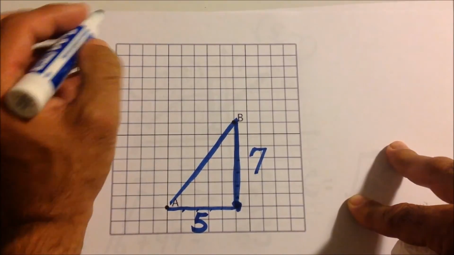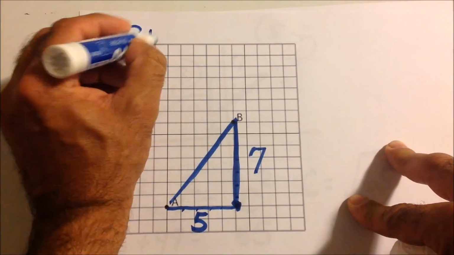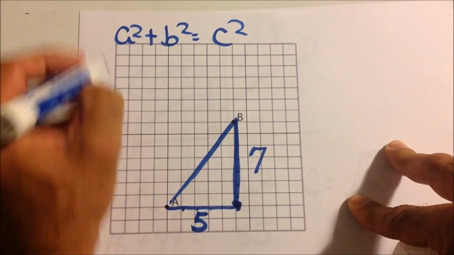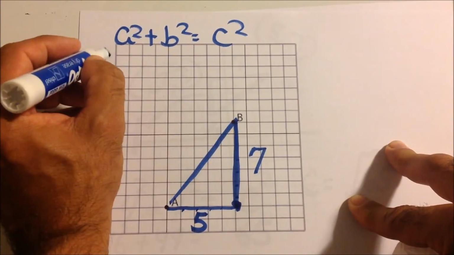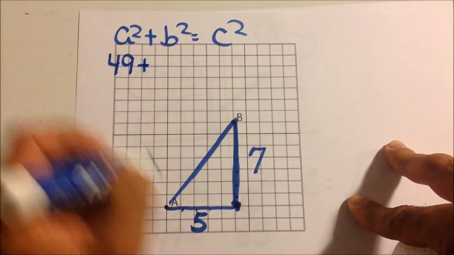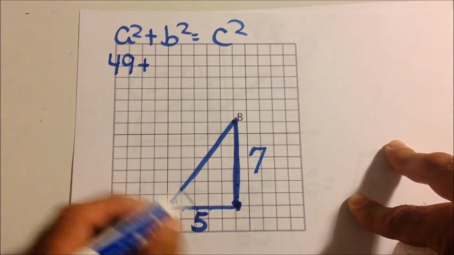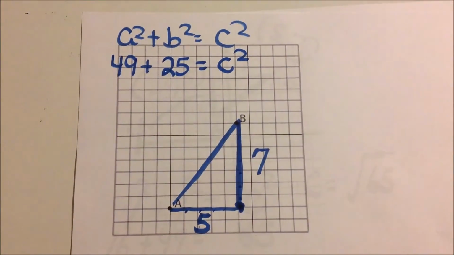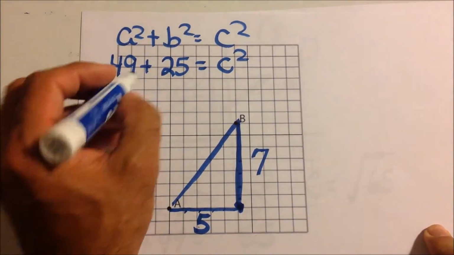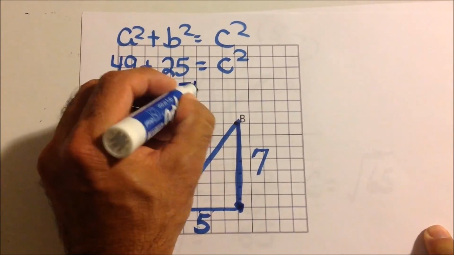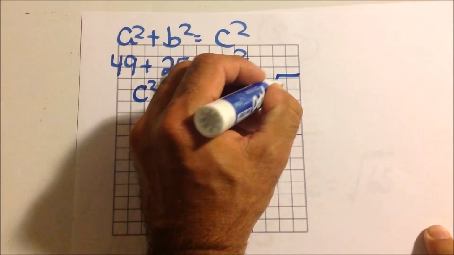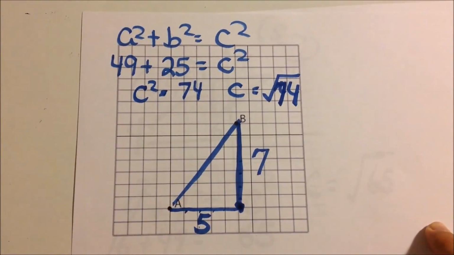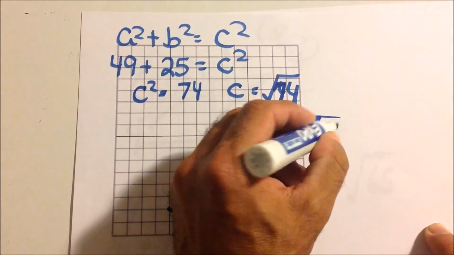So we have a squared plus b squared equals c squared. We'll make a 7, so we'll have 49, and b is 5, and that could be a, it doesn't matter. 25 equals c squared. If you add this together, c squared will be 74. So c will be the square root of 74.